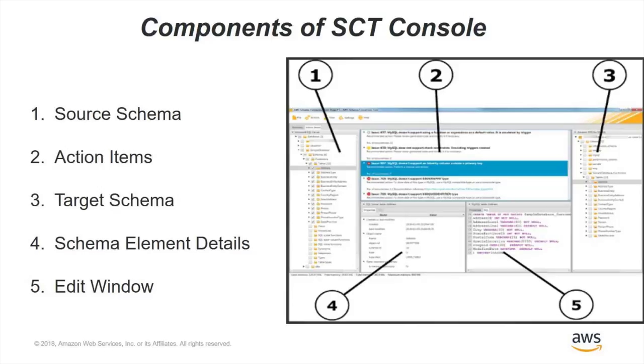Coming to the SCT console part, as you can see from the screenshot, I have highlighted certain sections as general things that you need to know about when using the schema conversion tool. The first section is the source schema.